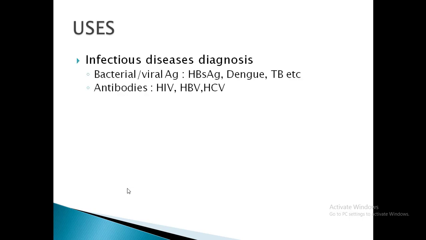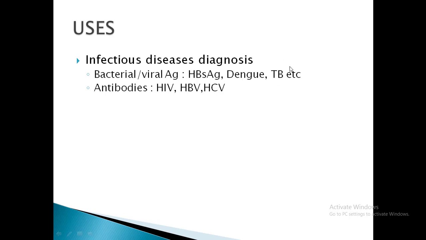Now, what are the uses of ELISA? It is used to diagnose infectious disease. Infectious disease can be diagnosed by detecting bacterial or viral antigens like hepatitis B surface antigen. We also have dengue duo, where we can detect NS1 antigen for dengue by the ELISA technique. Also in tuberculosis we use this technique to detect antigens.